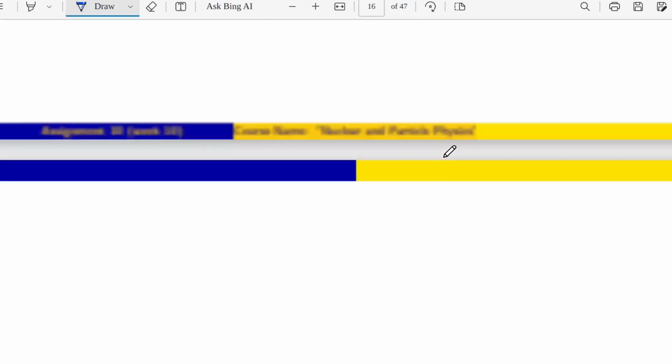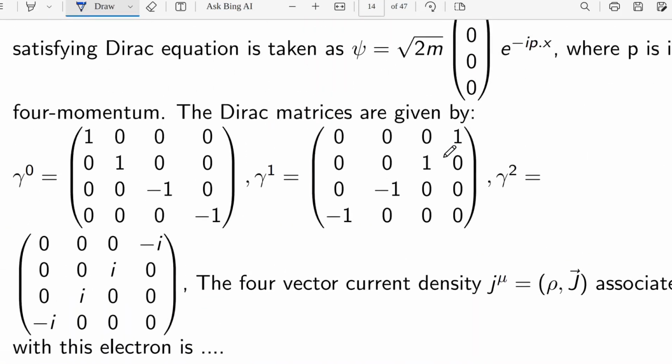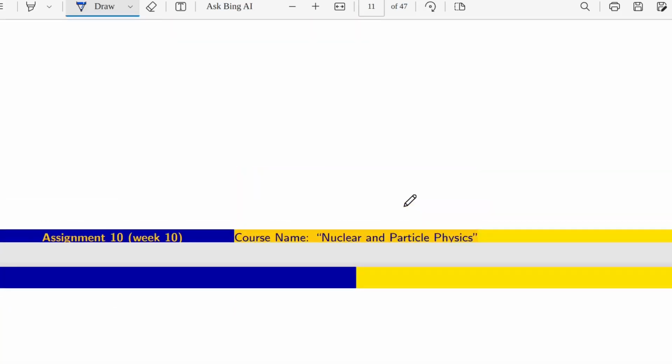Then again we have also calculated how to calculate the vector current density for that electron, vector current density J mu, which is rho J for that particular psi, with the help of gamma 0, gamma 1, gamma 2, gamma 3.